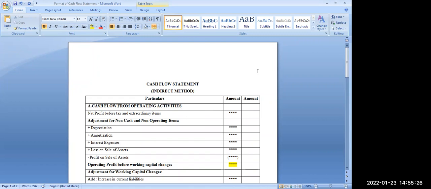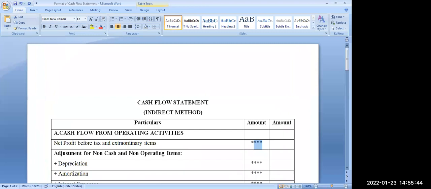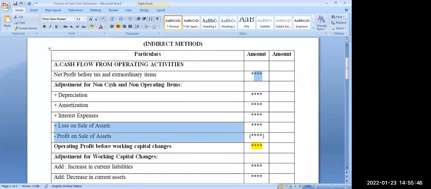Okay, we can start. So in front of you, I'm sharing a Word file. This is comprising of the entire format of cash flow statement, whatever I have explained to you so far theoretically. So first cash flow from operating activities we are finding out based on the profit and loss of the company, last year profit. Then adding for non-current, non-cash and non-operating items.